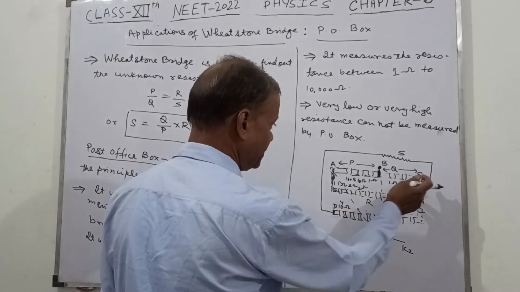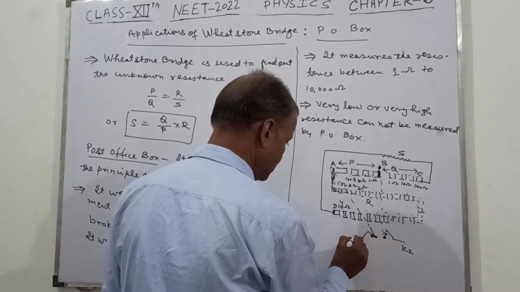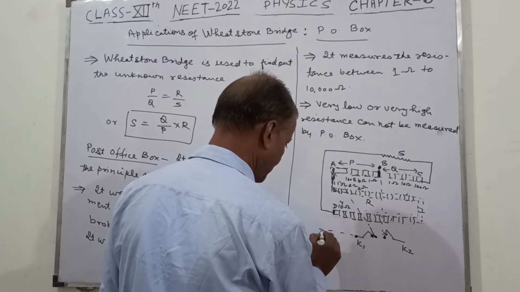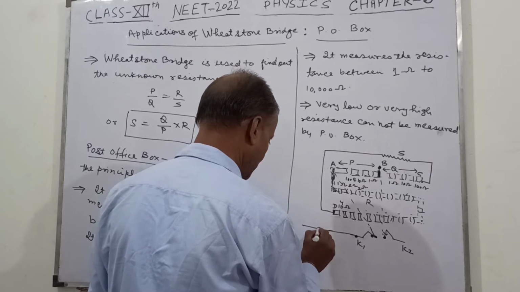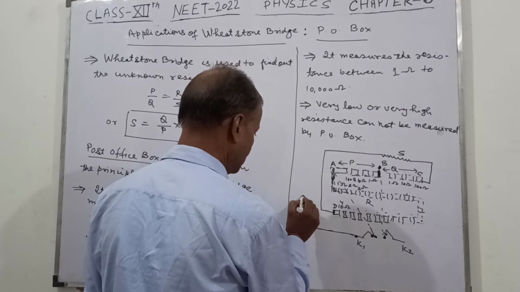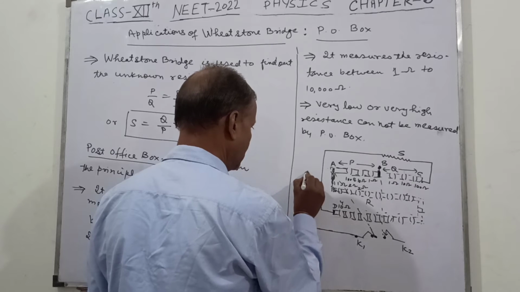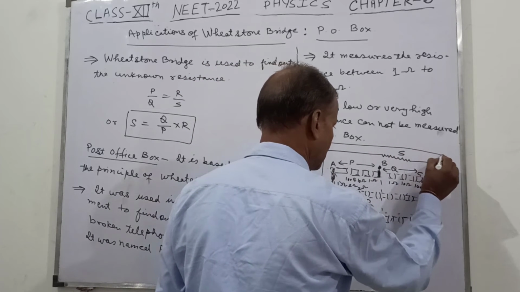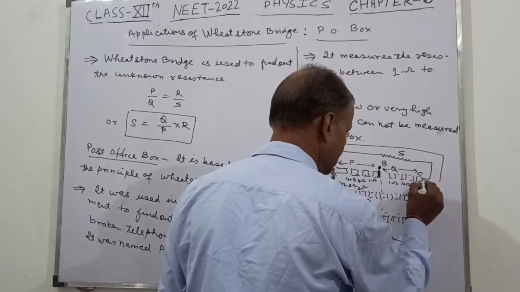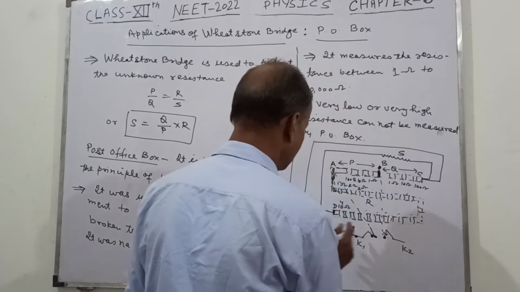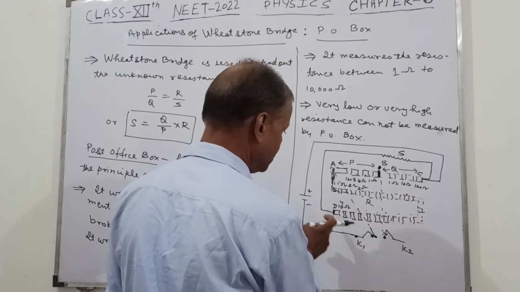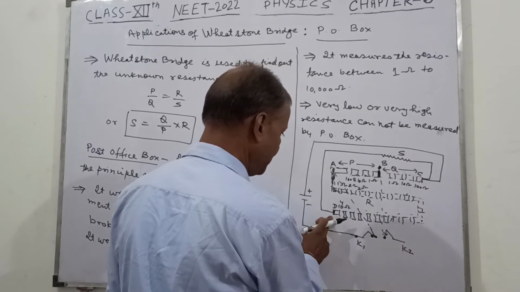So A and C, this is your C. Then we connect positive and negative, and then B and D. So B from here and D from here.